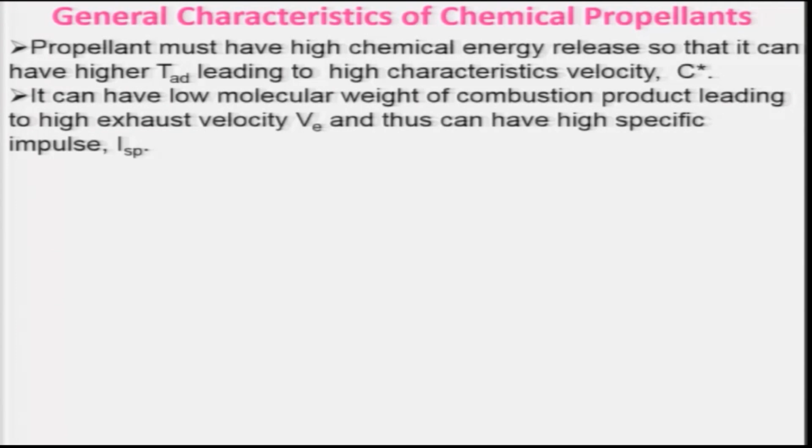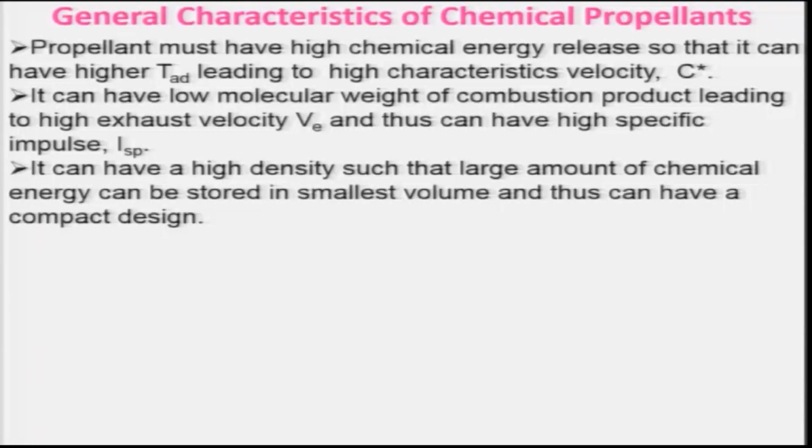Hence, generally hydrogen, lithium, boron and beryllium materials are used such that the molecular weight of the product gases will be lower, to have a higher exhaust velocity. And it should have a high density, such that a large amount of chemical energy can be stored in a smaller volume, and hence we can have a compact engine. That is something one has to look at.